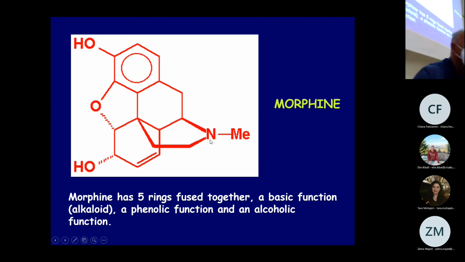It is an alkaloid. And then ring A is represented by this epoxide. You see this bridge, oxygen bridge. This is the molecule of morphine at first glance. And then we will explain better the chemical structure of morphine.